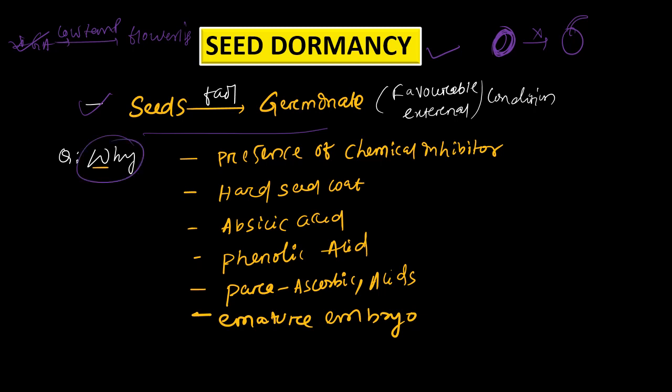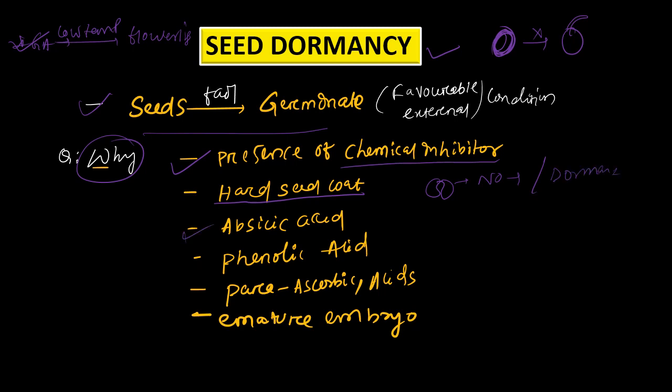Different factors block the seed from germinating. So what exactly blocks the seed? One is the presence of a chemical inhibitor. Another is a hard seed coat. If the seed coat is very hard, germination does not occur properly and the seed becomes dormant.